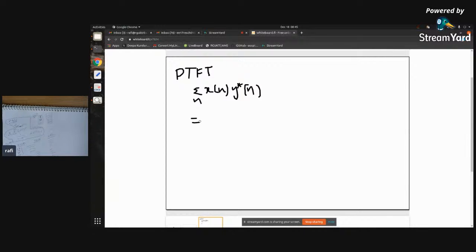So what we can do is substitute the DTFTs of both. Summation over n.